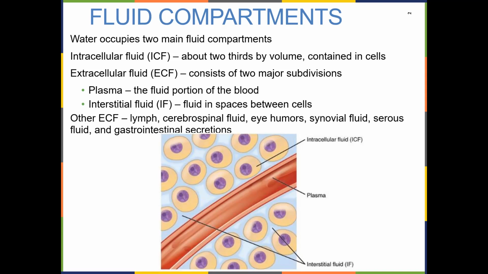We have the fluid that lines our serous membranes, and we have all the fluid that's released in our gut. But altogether, we have just two key areas: inside the cell and outside the cell. Outside the cell is plasma and interstitial fluid. That's the bulk of the extracellular fluid, mostly plasma and the water around our cells.